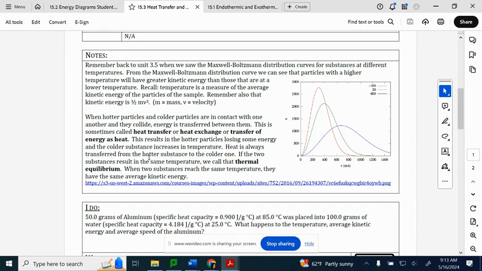Heat is what is going to be transferred. We call that thermal equilibrium. So molecules that are at a lower temperature, more of them are going to be moving slower. So that would be the negative 100 here. The 220 is the one that's in the middle, and then the blue one would be 600.